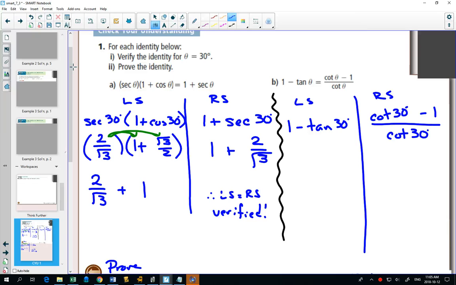Tan of 30 degrees is, do you remember? Root 3 over 3. So if tan of 30 degrees is root 3 over 3, what's cotangent of 30 degrees? The reciprocal.